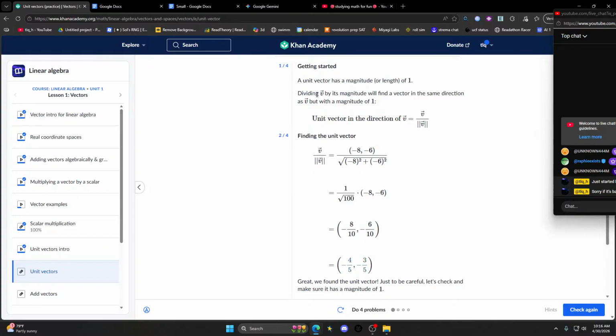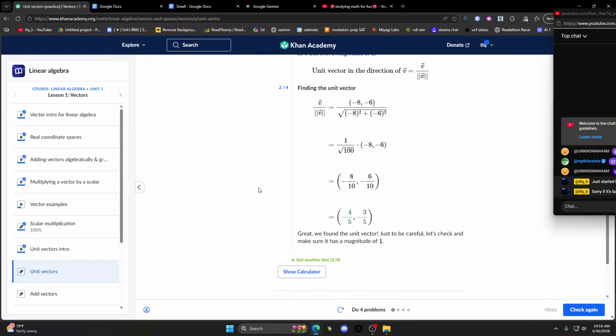Okay, now I know. Finding the unit vector. Okay, so you put the vector on the numerator. Then you take the magnitude, like, what does a double absolute value even mean? I don't understand.